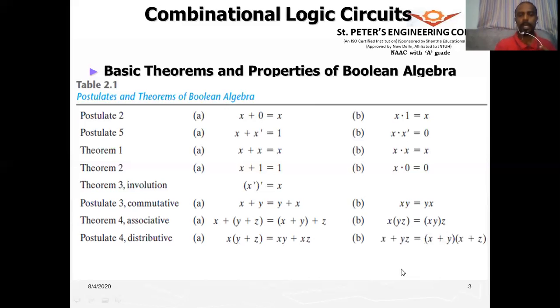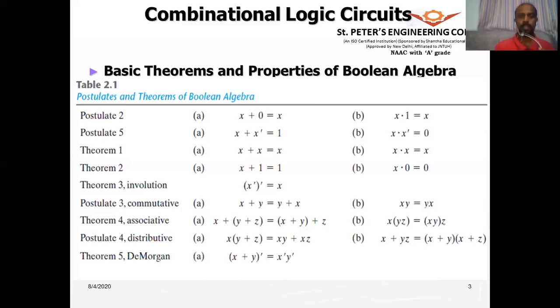Similarly, x ORed with y AND z is the same as x OR y, ANDed with x OR z. So this is the distributive postulate. We can remember this; it is helpful in solving and reducing many Boolean expressions.